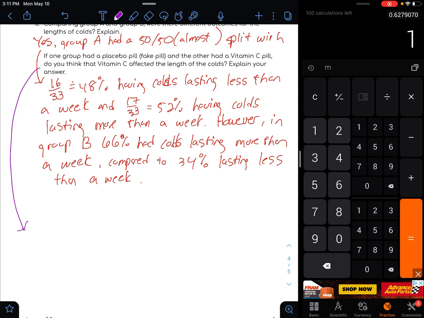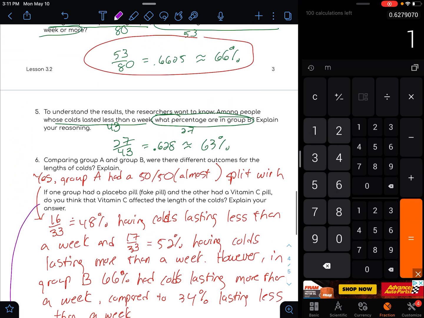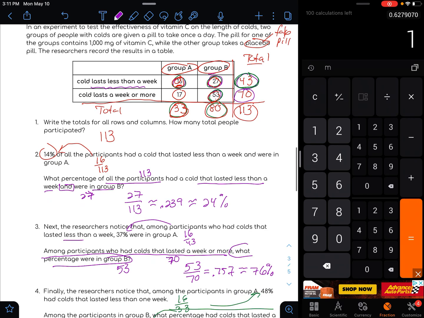All right, second question here. If one group had a placebo fake pill and the other had a vitamin C pill, do you think that the vitamin C affected the length of the colds? Explain your answer. Well, we don't know for sure, but it seems like that because the groups didn't have the same outcome. In one group, you kind of had the same amount of people with colds lasting less than a week versus more than a week. But in group B, you had a much bigger disparity there.